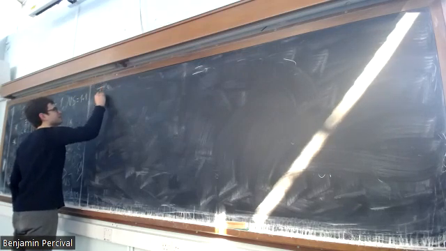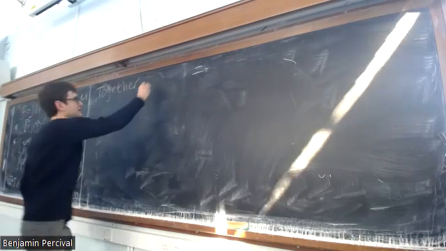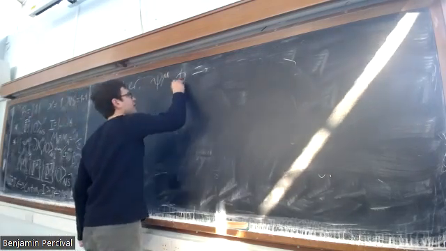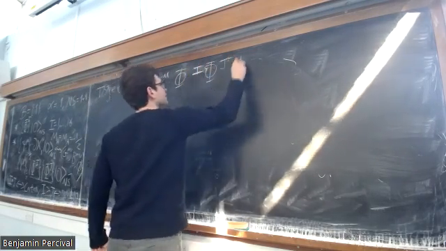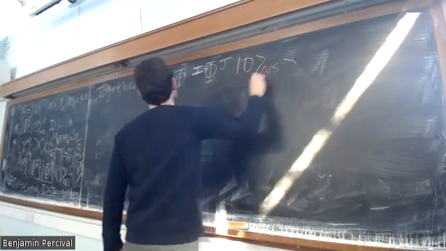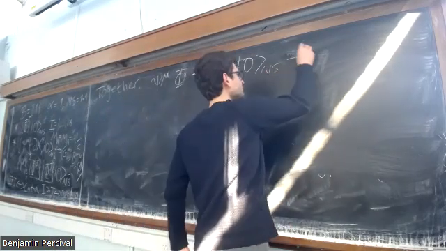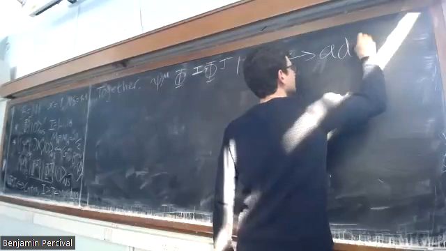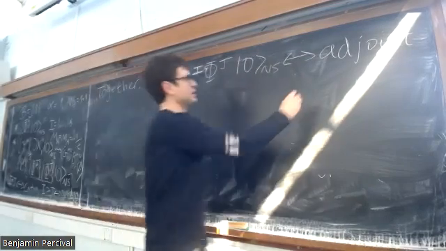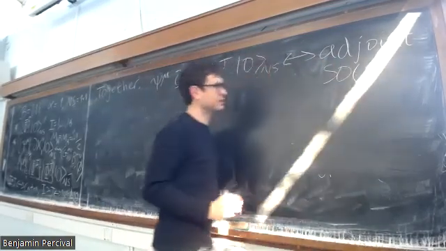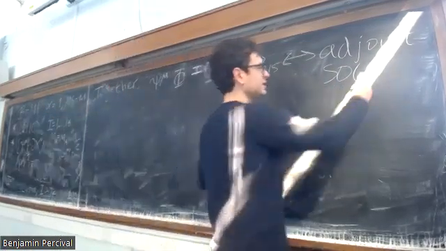So together, these states, psi mu, phi bar I, phi bar j, correspond to the adjoint representation of SO, and because there are 16 complex fermions, this is 2 times 16, so it's 32.